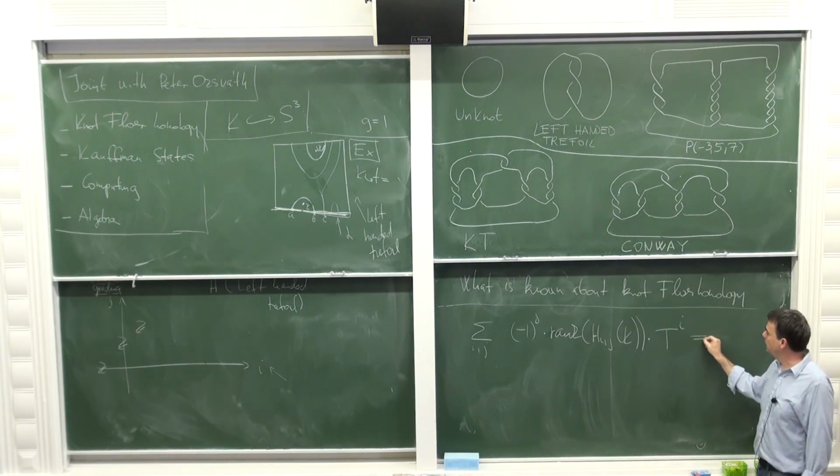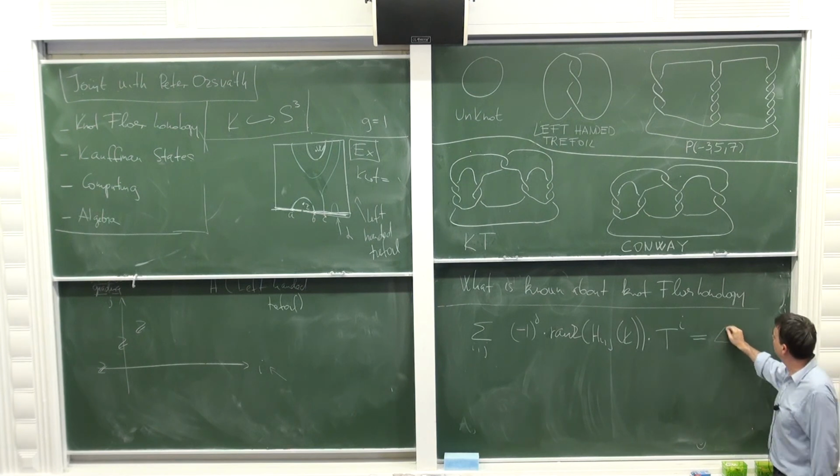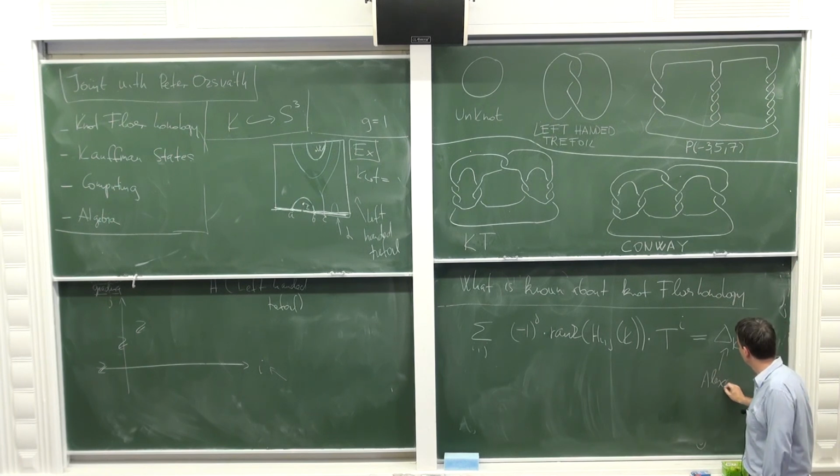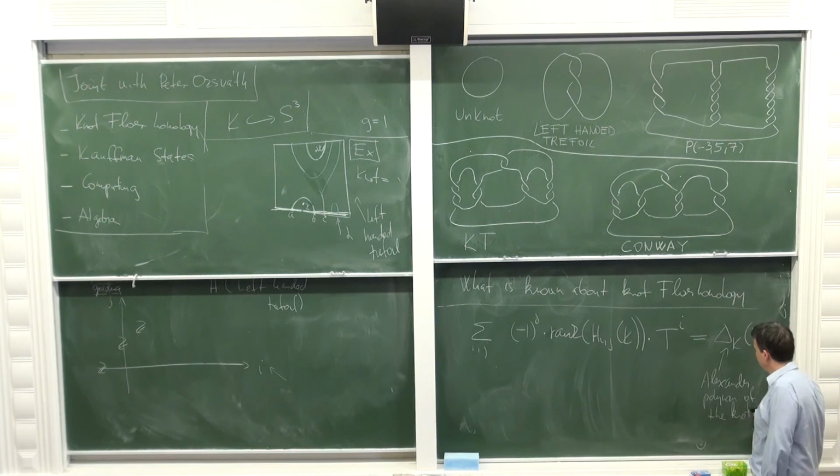And that is a well-known invariant. That's called the Alexander polynomial. Fairly simple invariant. There's lots of different ways to compute it.